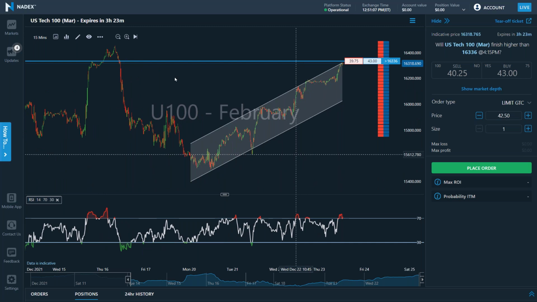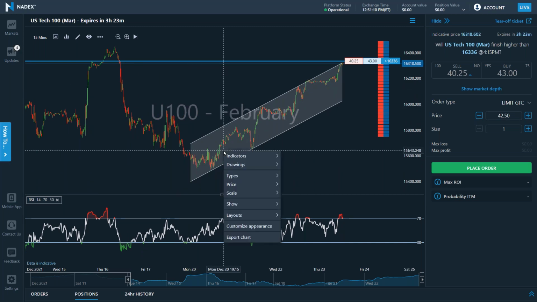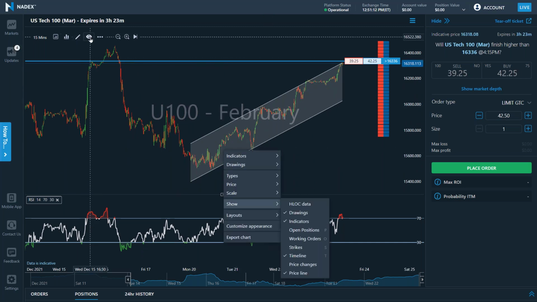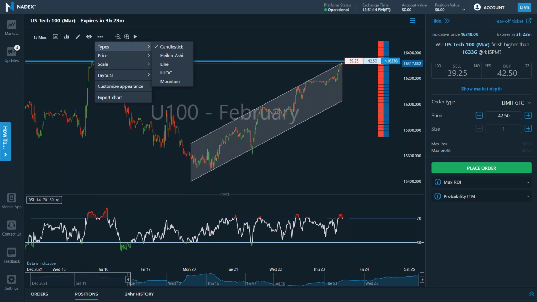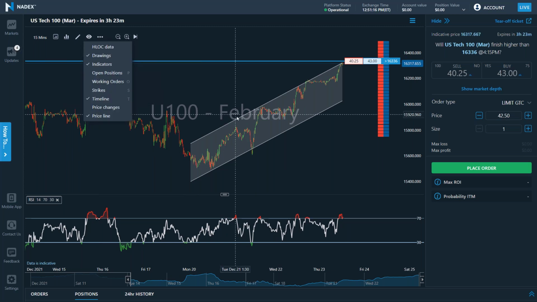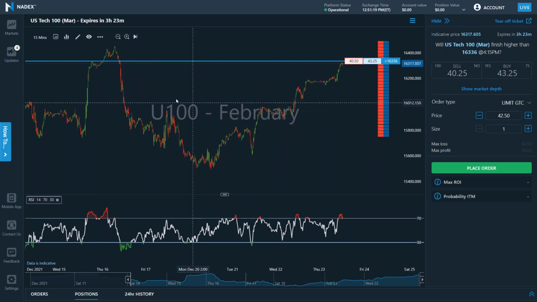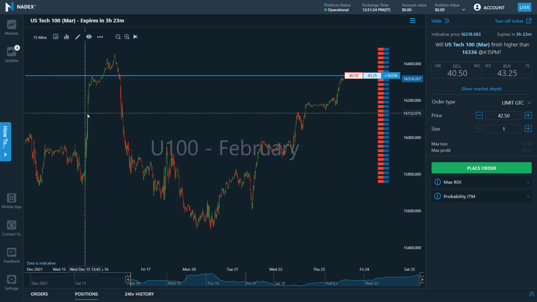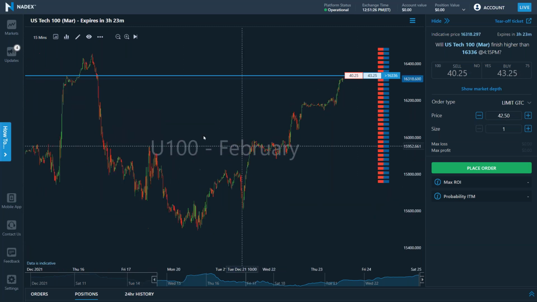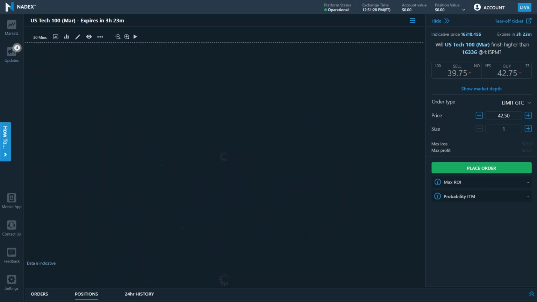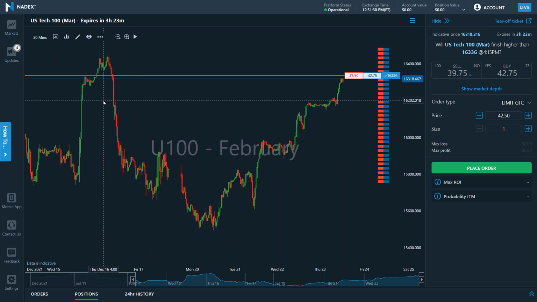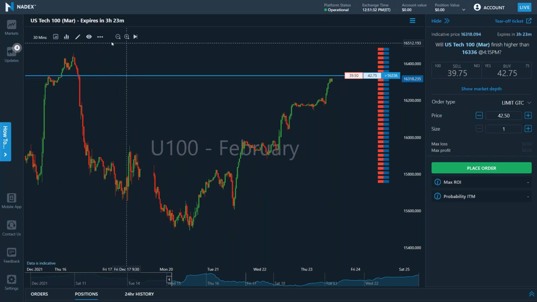Now, let's go ahead and take these away. Just click on it and delete it. Let's get rid of relative strength. I'm going to click on the little X. I did say I was going to show you how to draw Fibonacci because I know it's a very popular one.